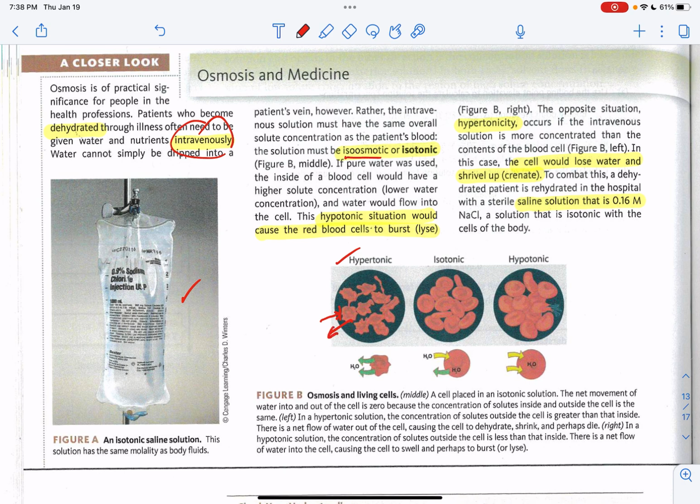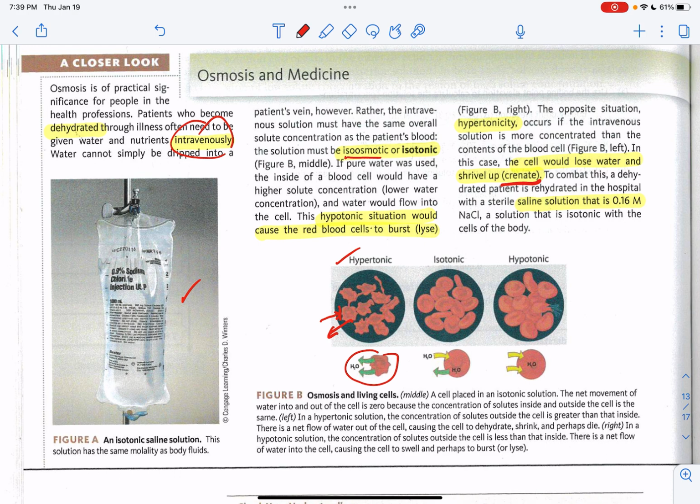So instead of increasing the concentration in the red blood cell, you are trying to decrease the concentration of the water outside the red blood cell or the living cell. That's pictured right here. You have a net flow of water out. And as that water flows out, the cell is going to shrivel up. And that process of shriveling up is called crenation.